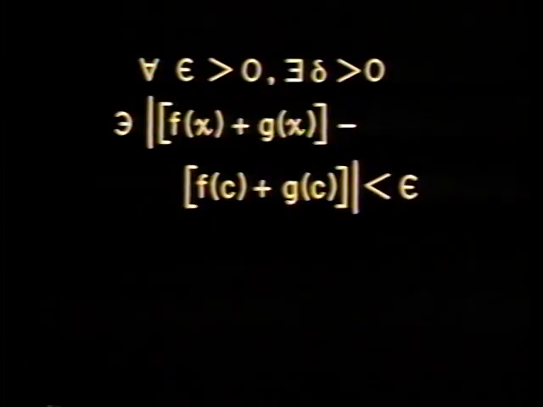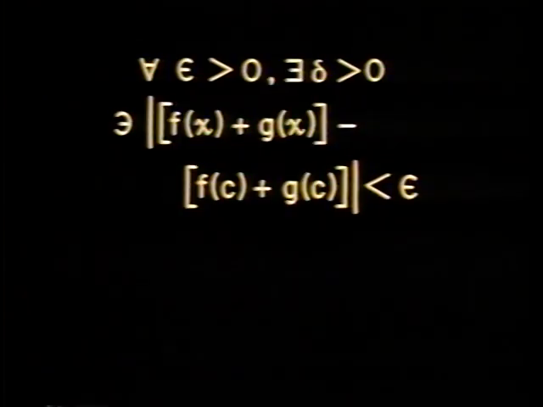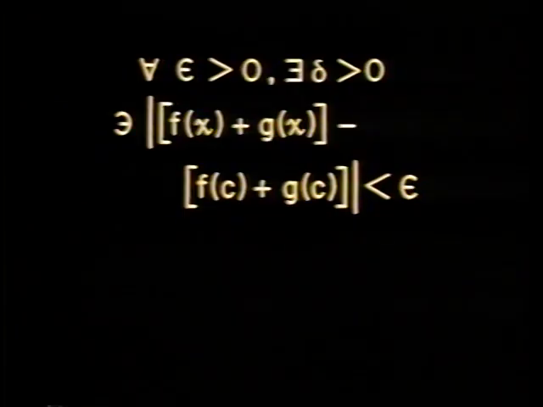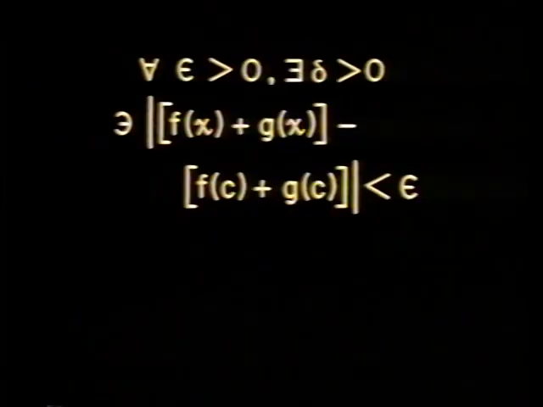If we assemble all of our statements, we have for any positive epsilon the absolute value of f at x plus g at x minus the quantity f at c plus g at c is less than epsilon whenever the absolute value of x minus c is less than delta, which is equal to the lesser of delta sub 1 and delta sub 2. Thus, the sum of two continuous functions is also a continuous function.